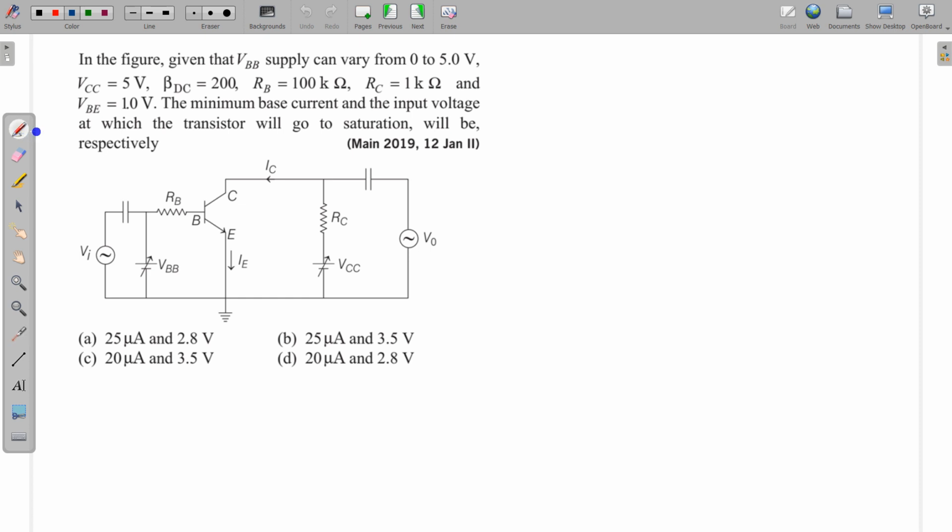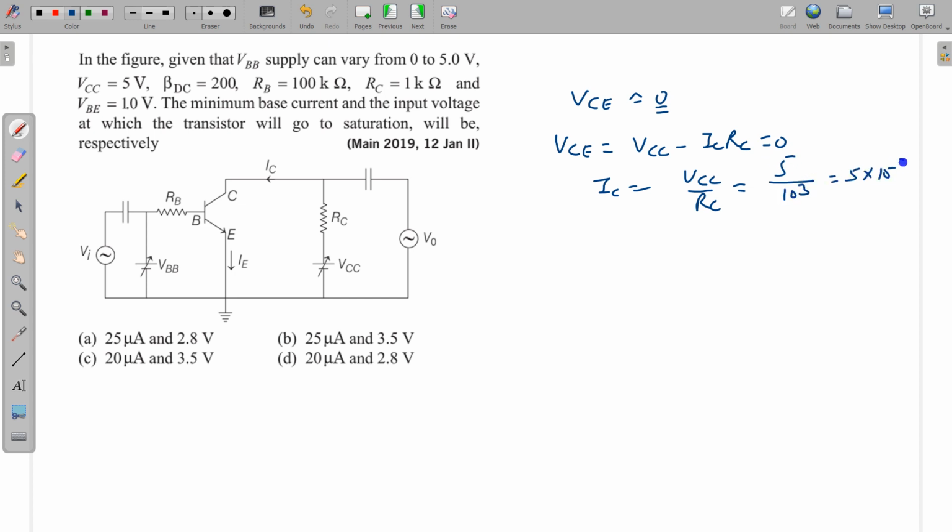For saturation, again VCE is 0, and VCE is equal to VCC minus IC into RC. IC is not given, so IC can be calculated. This is equal to VCC divided by RC. So this is 5 divided by 10 to the power 3, so this is 5 into 10 to the power minus 3 ampere.